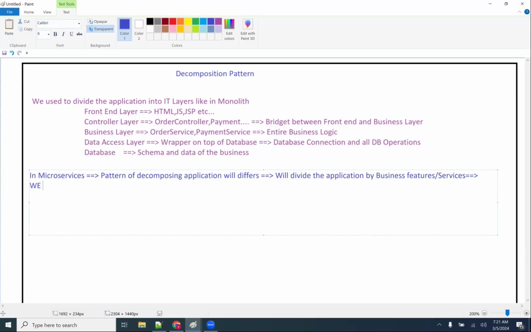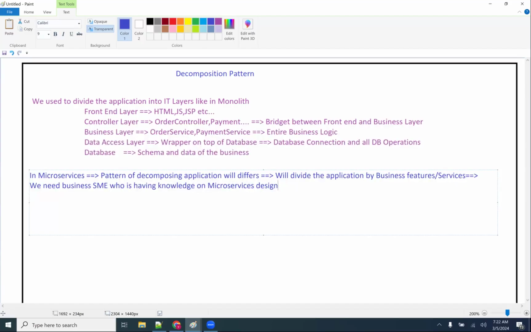Okay, we need a business SME who has knowledge of microservices design. Sir, can we get this guy in real time? Can we get these guys? Yes.